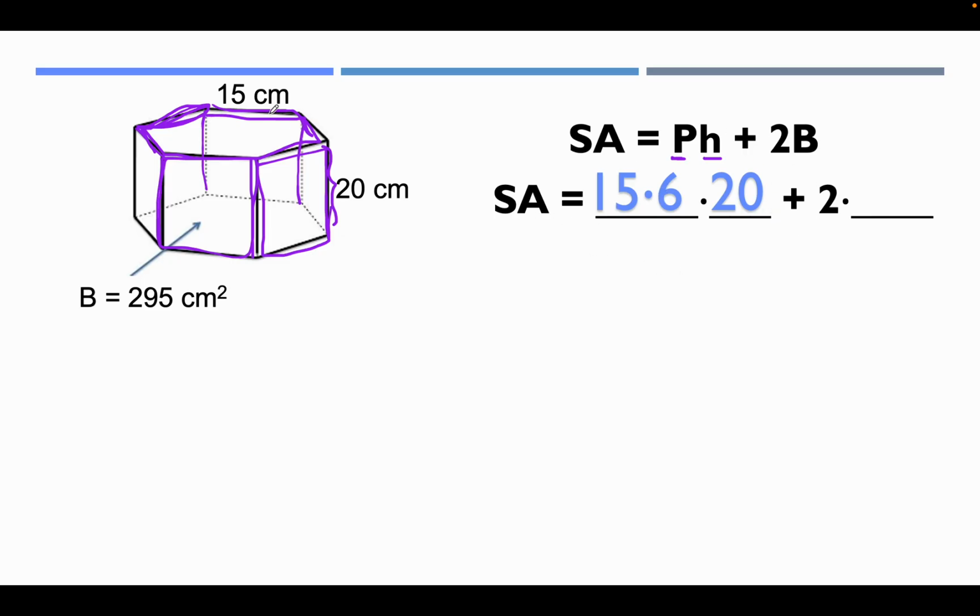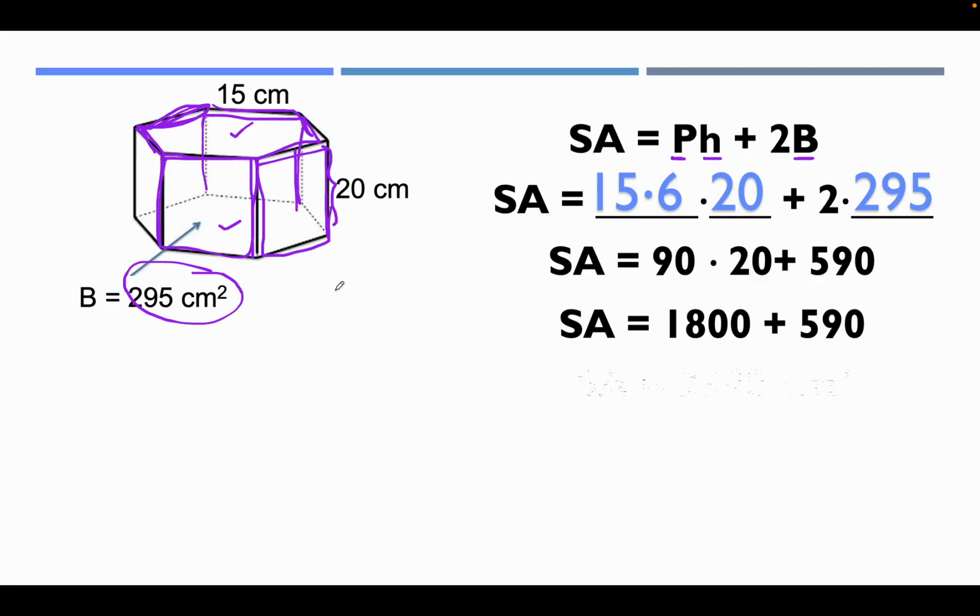This is the area of 15 times 20, 6 times. And then lastly, we're going to add twice the area of the base, because we need to include the area of the bottom and the top. And remember, we said with these shapes, you will always be given that capital B measurement, 295. When I plug all that in, we get a total of 2,390 centimeters squared.